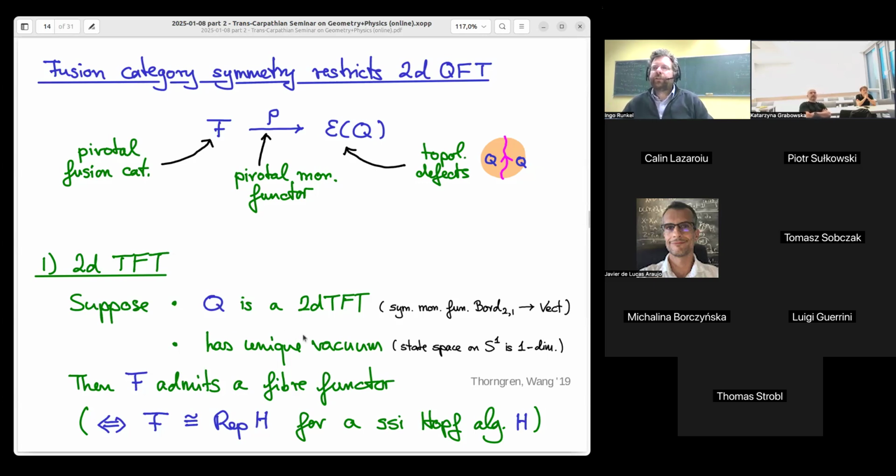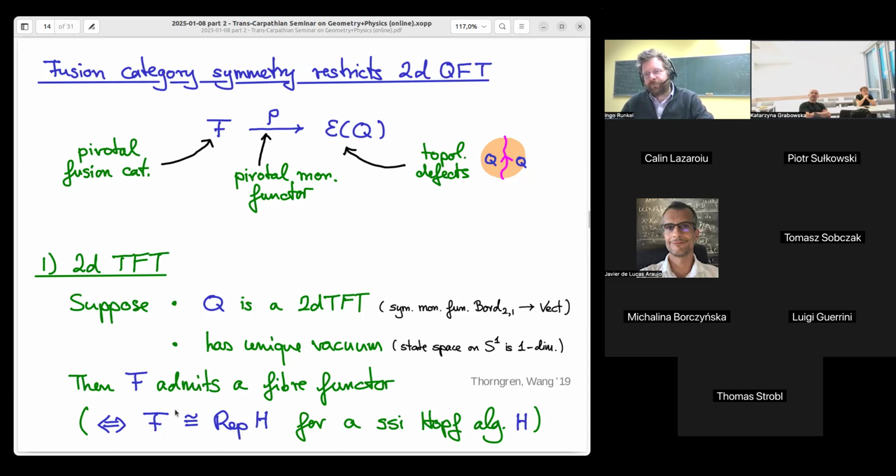Then you can ask of such a simple theory, what kind of topological symmetries can it have? And it turns out that the only pivotal fusion categories you can realize by a two-dimensional topological field theory with unique vacuum are ones which mathematically have a property that they admit a fiber functor.